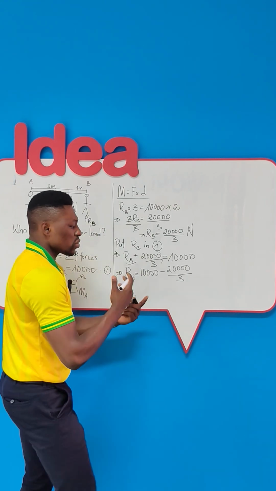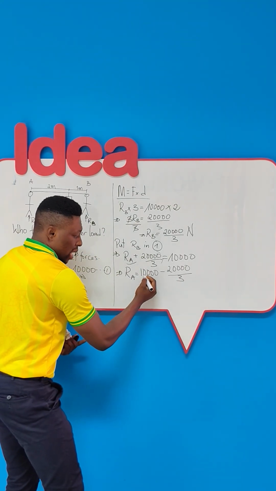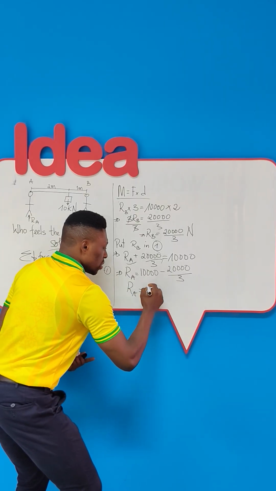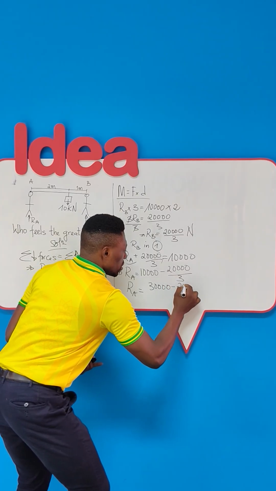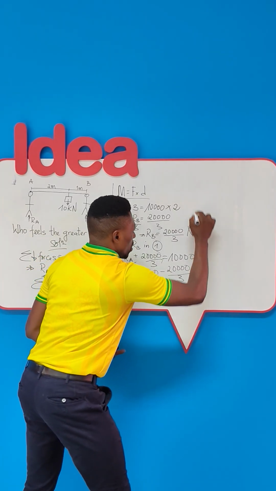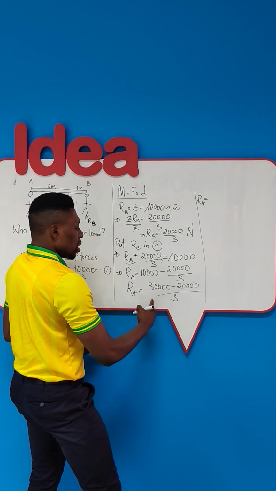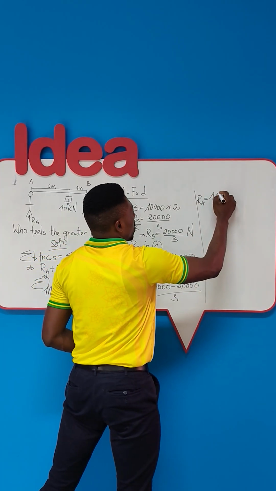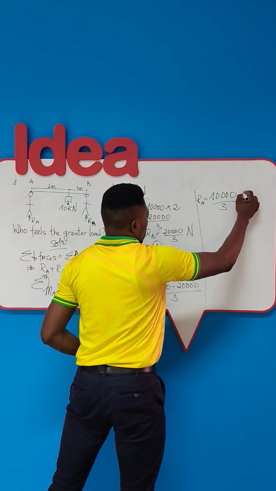But for me, I'll just use a trick to obtain the LCM. So 3 times 10,000, which is 30,000, minus 20,000, all divided by 3. And the answer will be RA is equal to, what is 30,000 minus 20,000? This gives me 10,000 all over 3 Newton.